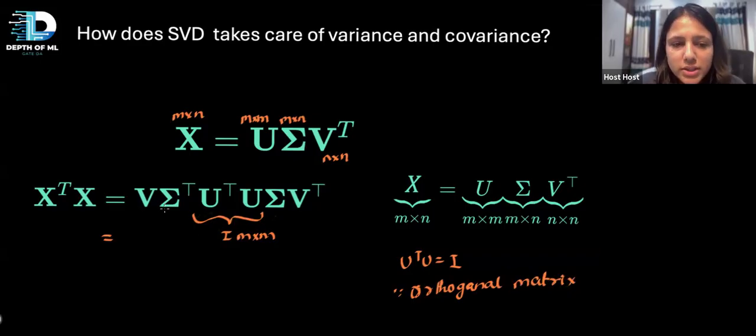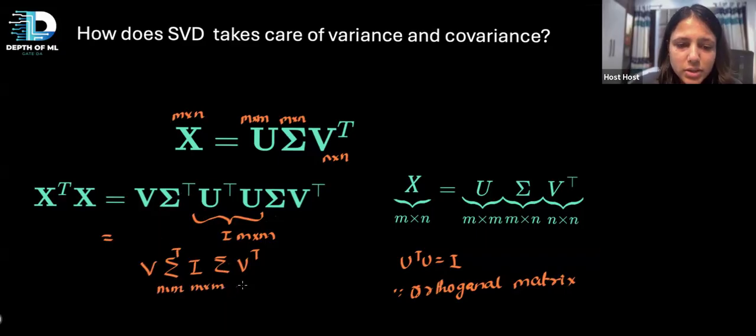Now see, this is sigma, so I will write it like this: I sigma, this is sigma transpose and V transpose, right? Now, what is the dimension of this? Sigma transpose is N cross M, this is M cross M, and this is M cross N, correct? I can do further reduction. I can just get away with this, right? I can multiply this with this.